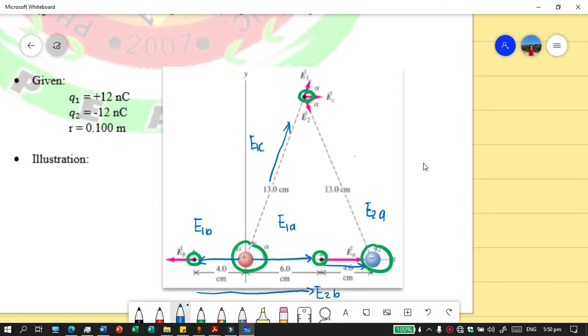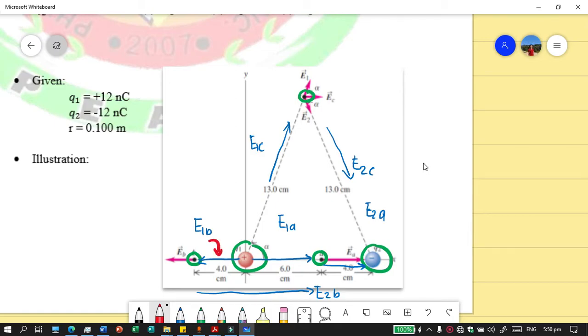And yung E2C natin, yung E2C natin ngayon dito is papasok pag ganito. Okay? That is because papasok yung electric field. So maapektuhan rin yung field point C natin, which will follow the direction of the electric field's direction.